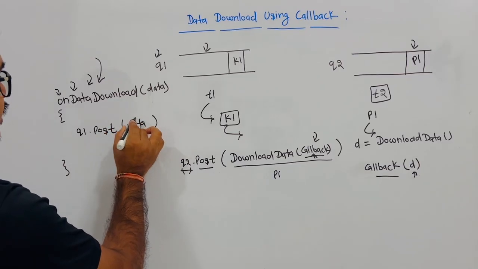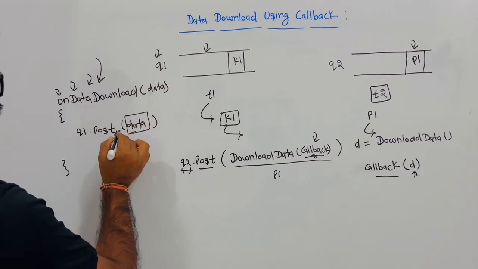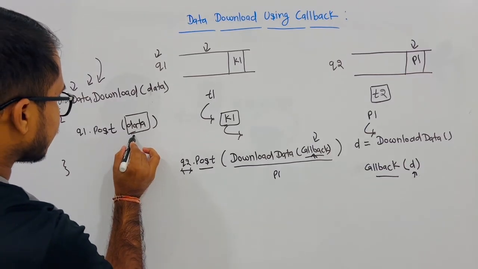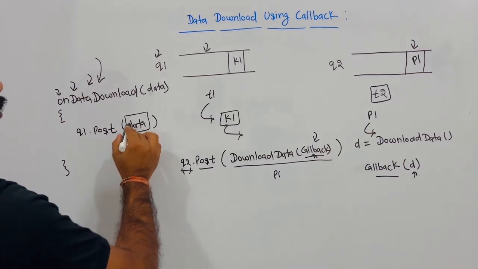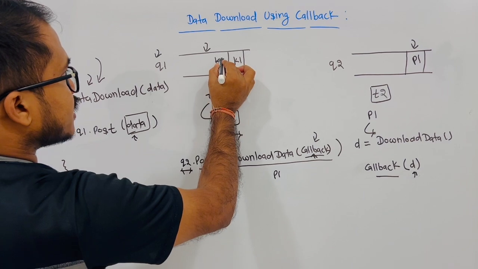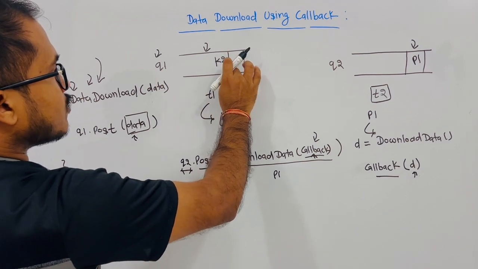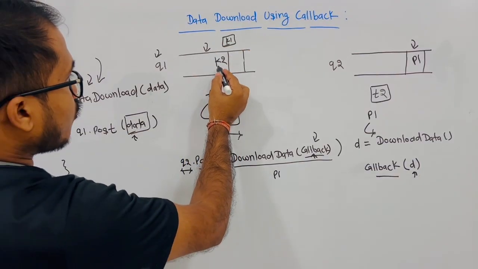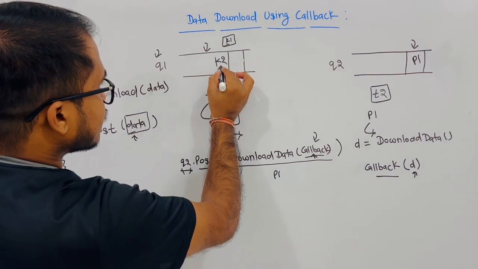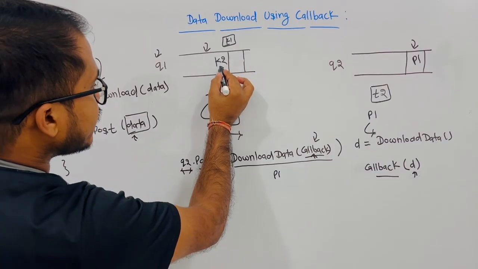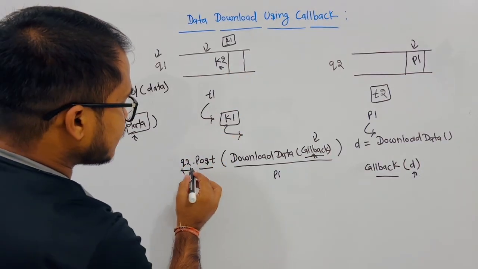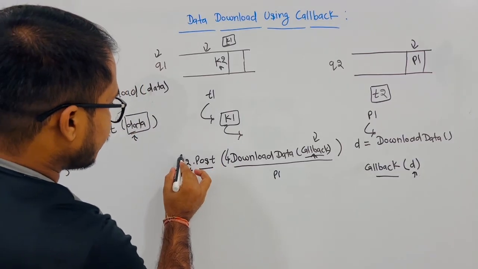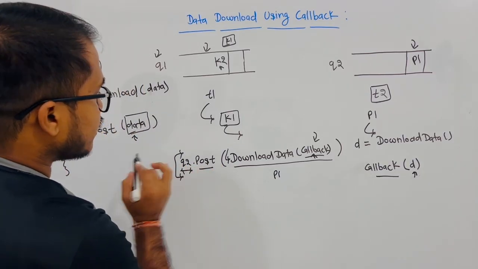Or we can create some kind of task which will be related to K1 because we downloaded this data corresponding to K1. So now there will be another task K2 which will be related to K1. Now when thread T1 will pick this particular task K2, because we have already downloaded the data, at this time this will not make this particular function call, and we'll proceed ahead without downloading the data.